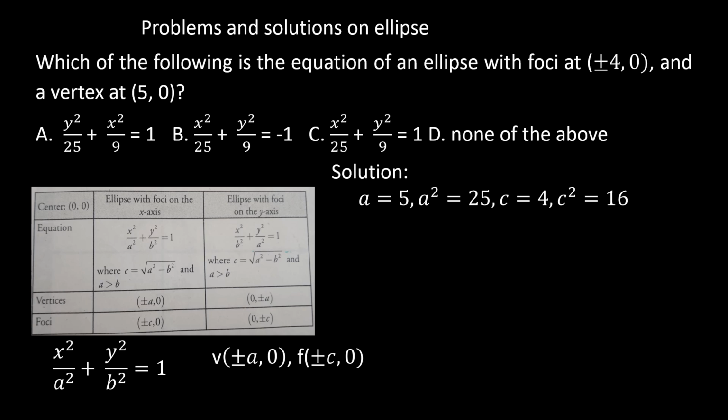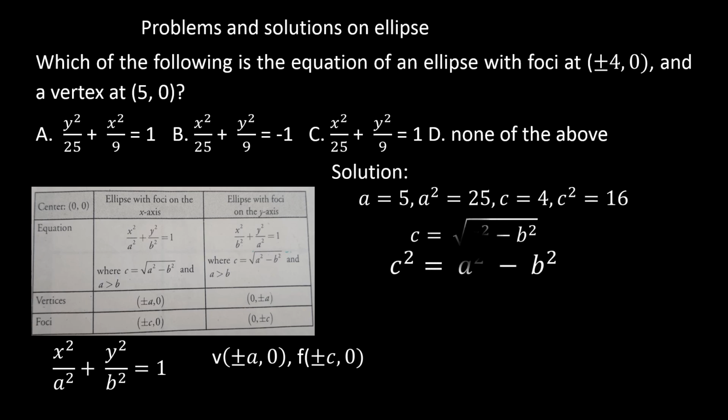And for c equal to 4, c squared is equal to 16. Because we already have the value of a squared, the quantity we need to identify is the value of b squared. That can be obtained using the formula c equals the square root of a squared minus b squared, provided that a is greater than b.